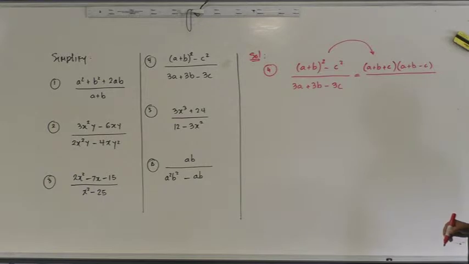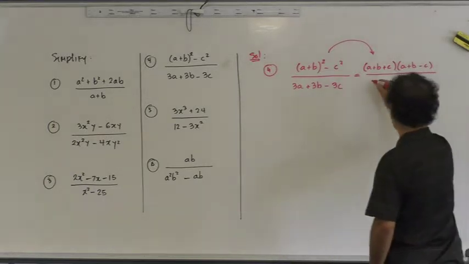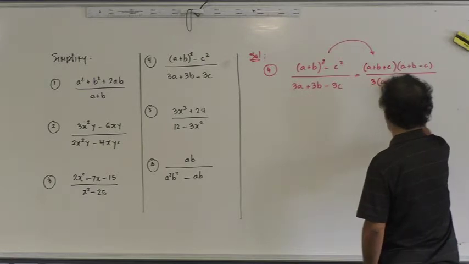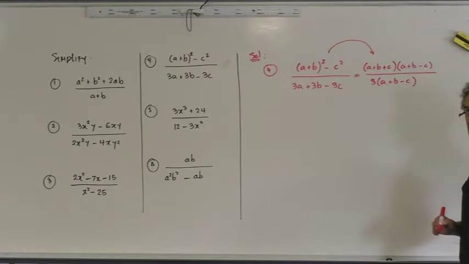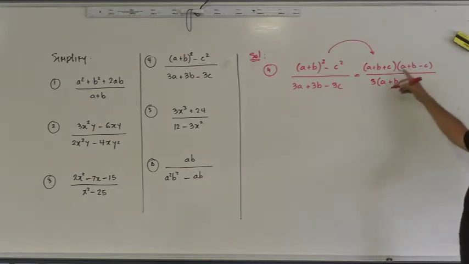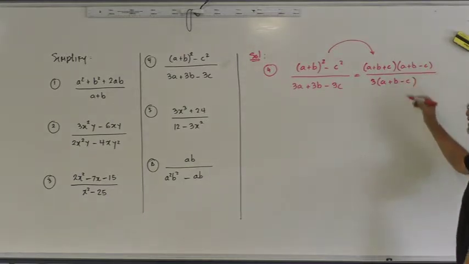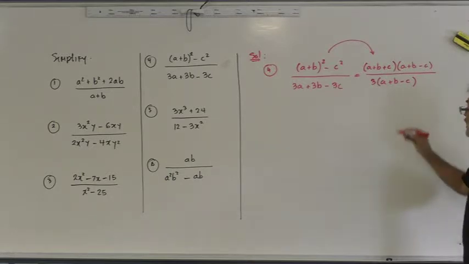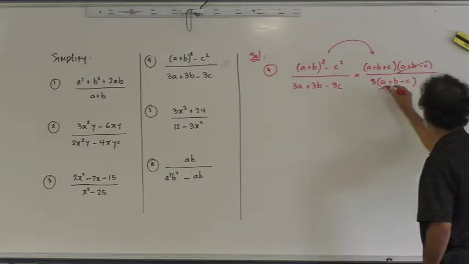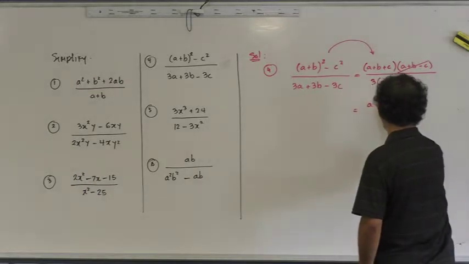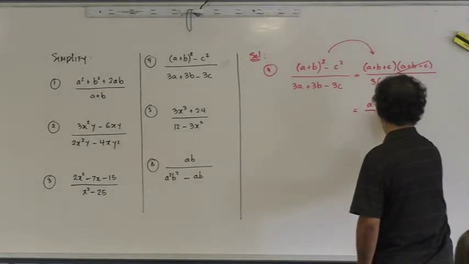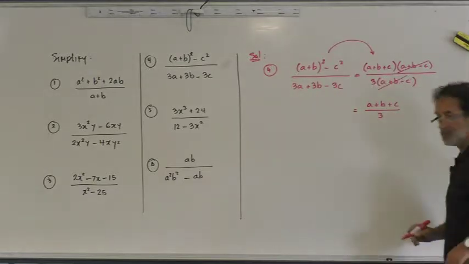And then, do we have any common factor from the bottom? 3. Okay, so we're going to say 3 is the common factor of a plus b minus c. And now is good because we have a common factor, which is a plus b minus c. Okay, so then we can get rid of that and get rid of that. So I mean that the answer is going to be a plus b plus c divided by 3. That's it.